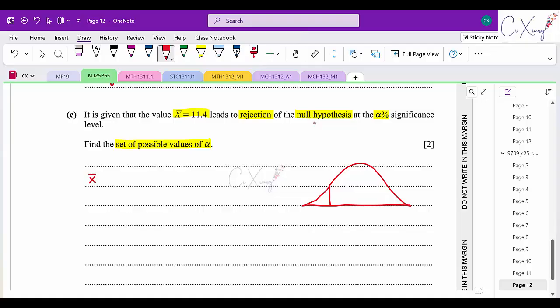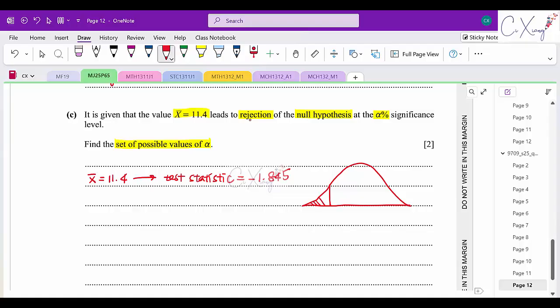If you calculate the test statistic, it will give you a test statistic value of negative 1.845, right? This is from the previous part, part B. And now they said I want to make sure that this test statistic always leads to the rejection of the null hypothesis.